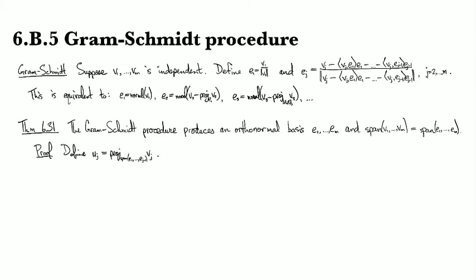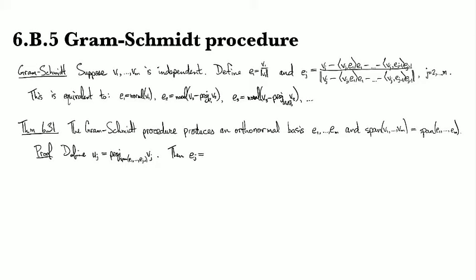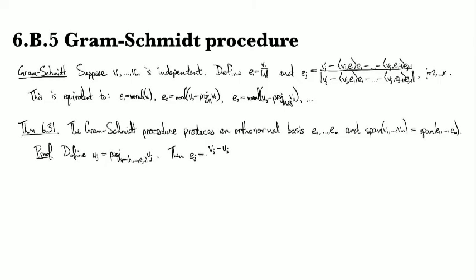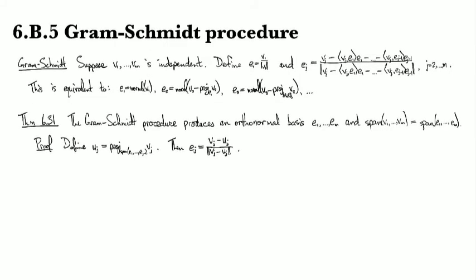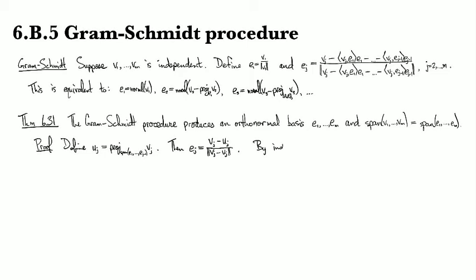Okay, and so then Ej, as defined by the Gram-Schmidt procedure, is Vj minus Uj over the norm of Vj minus Uj. And that'll save a little bit of writing throughout the proof. And so the proof proceeds by induction.